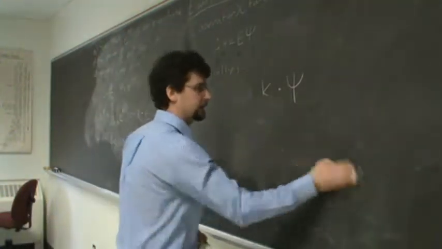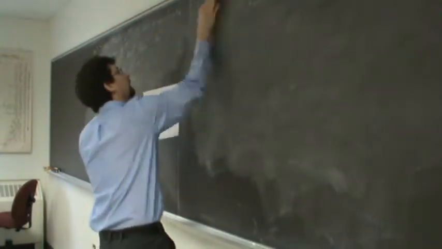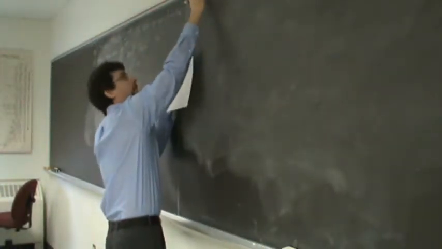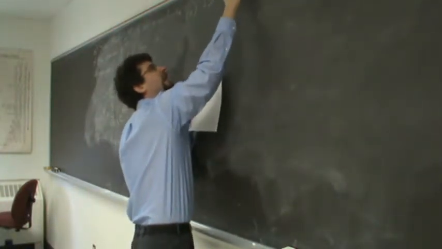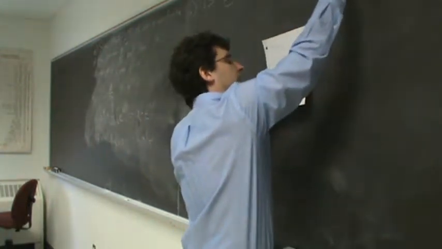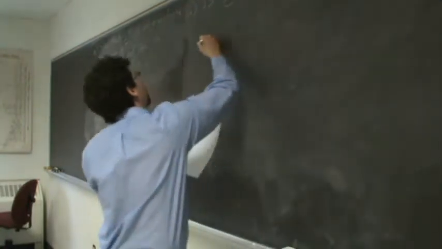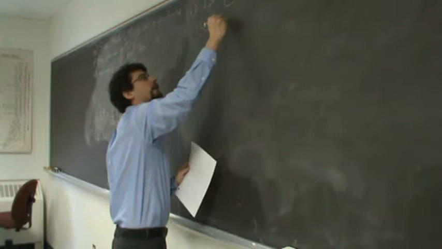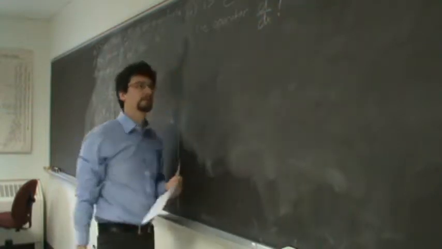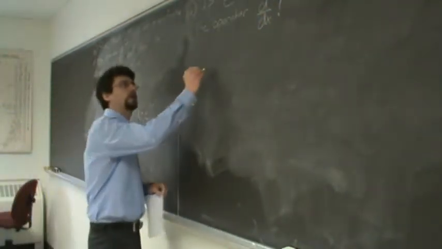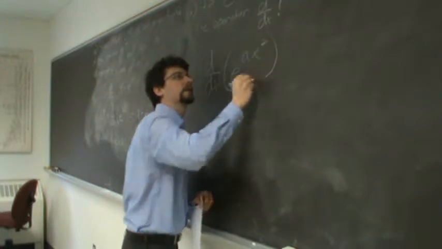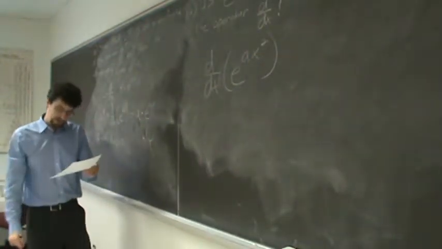Okay, let's look at another case. We're going to ask, is e to the ax squared an eigenfunction of the operator d/dx? d/dx of e to the ax squared. What are we going to get out of that one?